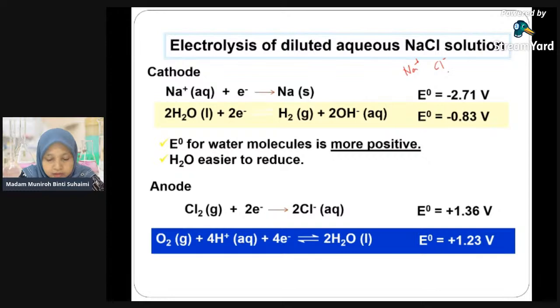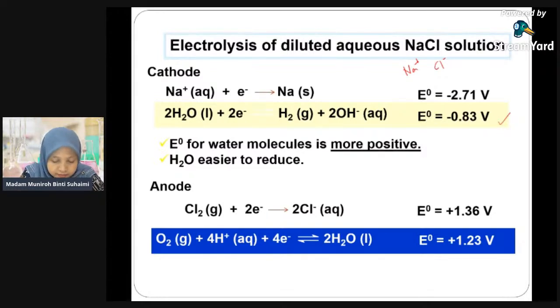For the cathode, the cation Na plus will move to the cathode, and the water molecule also. From the E0 value, which one is to be selected? E0 for the water molecule is more positive. H2O is easier to reduce, so H2O will be selected for the cathode.